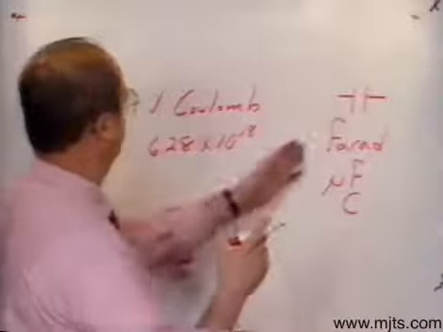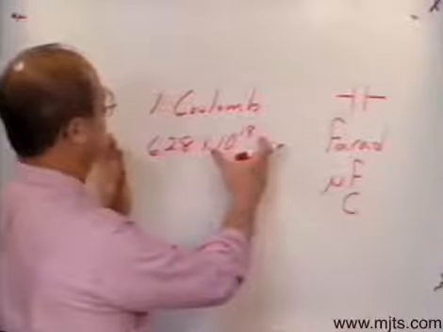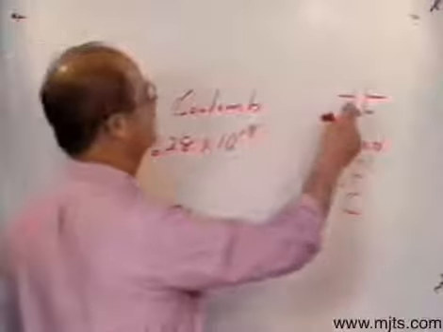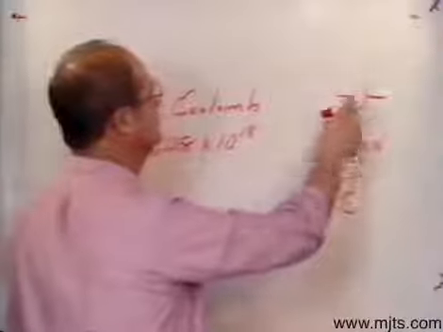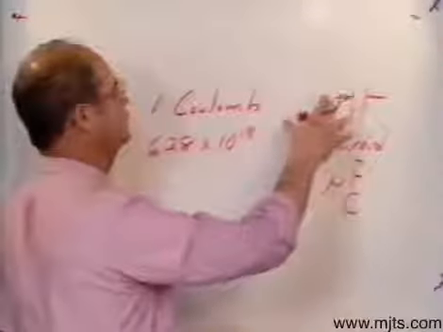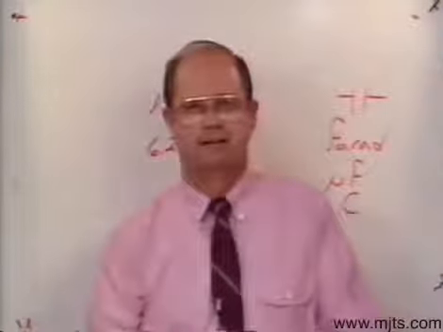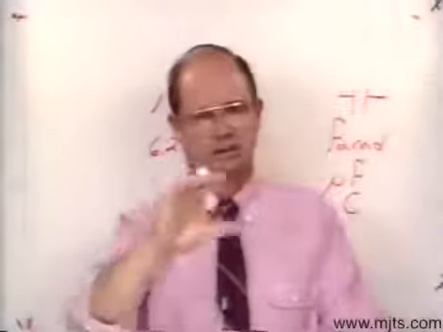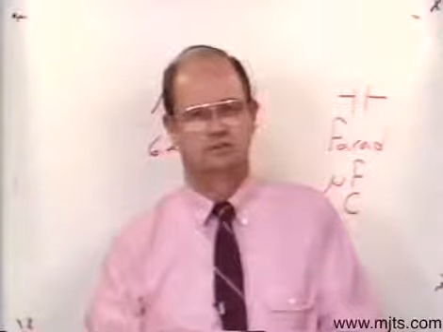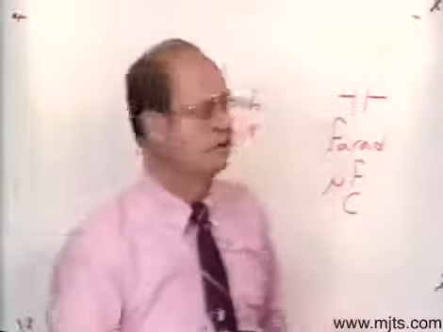Now, what a farad is, if I get that quantity of electrons deposited on those plates with 1 volt applied to it, then I have a 1 farad capacitor. So most of the time we're going to be using prefixes.